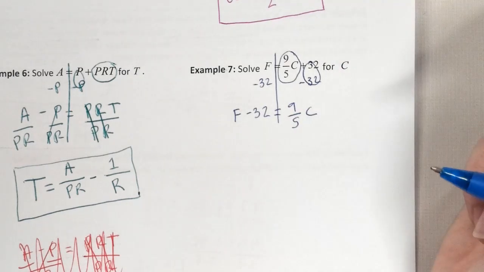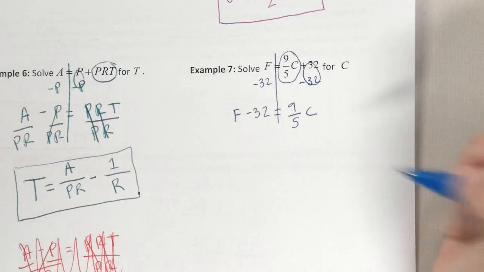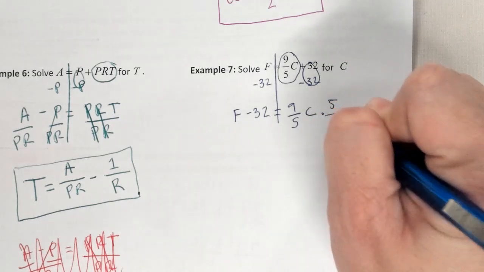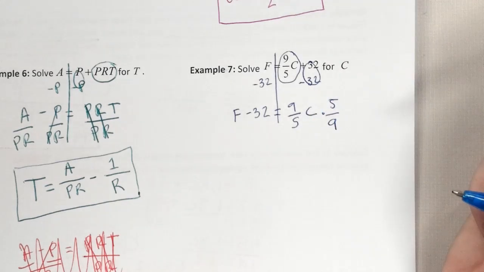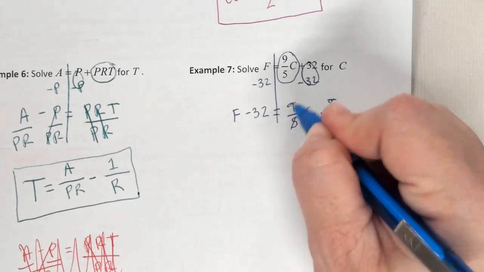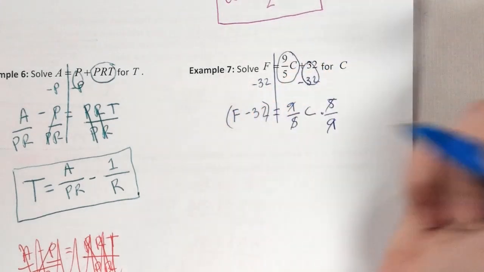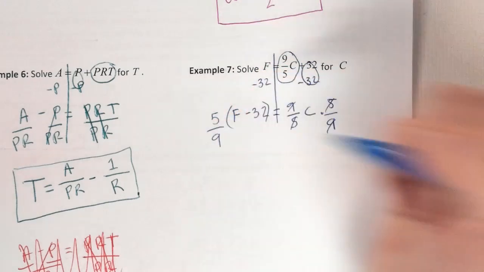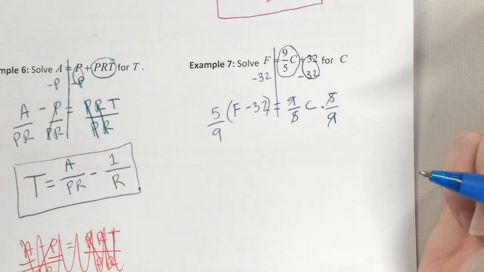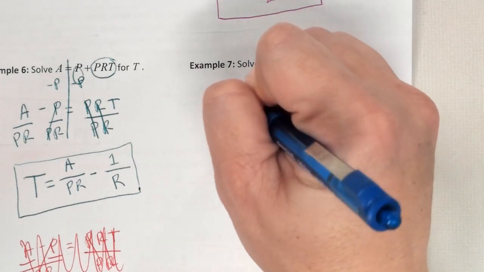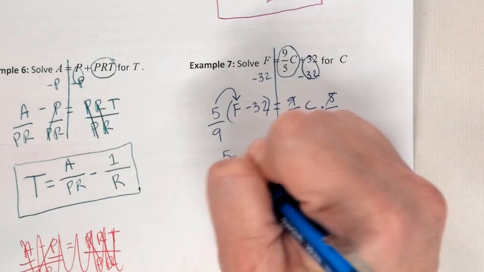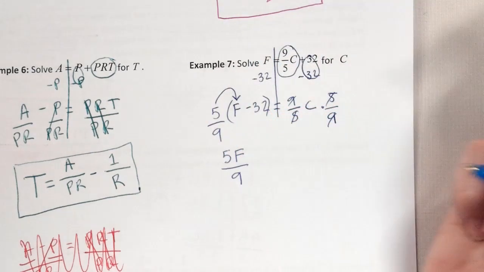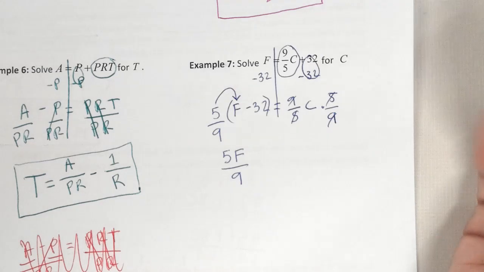So how do I get rid of 9 over 5? By 5 over 9. The reciprocal, right? Because the 5's cancel and the 9's cancel. However, I need to multiply this side also by 5 over 9. So if I do 5 over 9 times F, I get 5F over 9, or 5 over 9F, it doesn't matter.